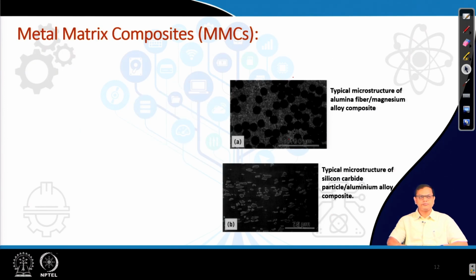Now, the first question that comes to our mind is, why do we need a metal matrix composite? Why do we need to reinforce metals? I was discussing a few minutes back, yes, metals have fairly good strength.